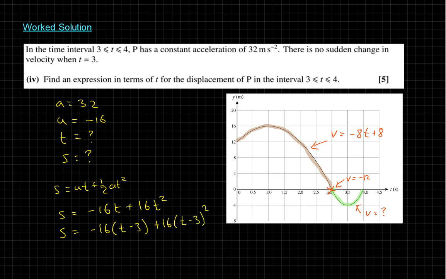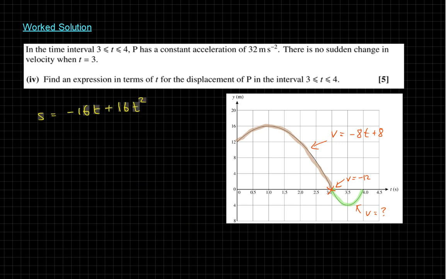Does that make sense? Just by taking away 3. And in fact, instead of doing it that way, let's factorize it first before we take away the 3. It makes it a little bit easier. So let's instead say this is minus 16t times, let's do this correctly, 1 minus t.